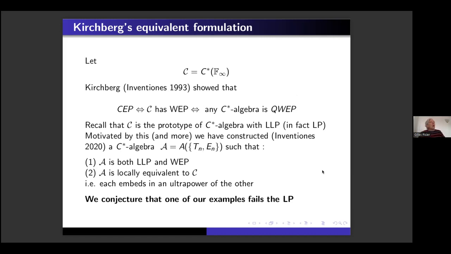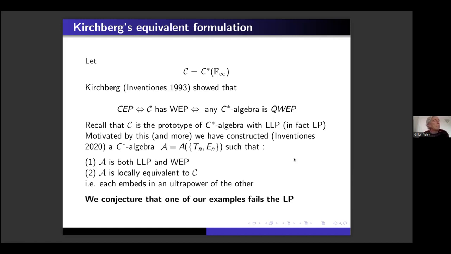Okay, so let me here present a little bit where I'm heading in the rest of the talk. I remind you that the C-star algebra here, which is the critical object, is the prototype of a C-star algebra with local lifting property, and in fact, global lifting property.